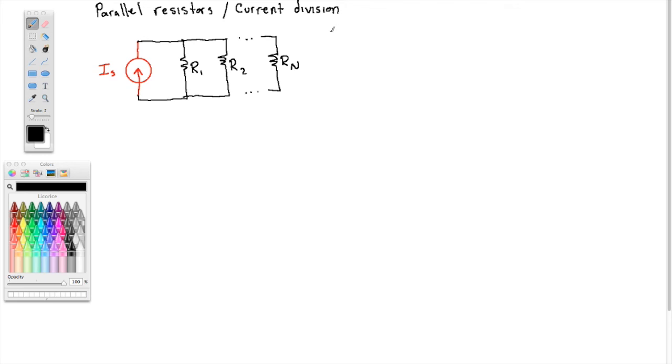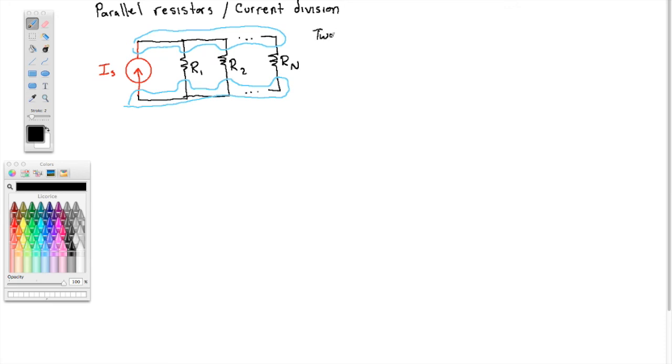So let's first talk about parallel connections. It starts with the nodes again. If I identify the nodes, I have two of them. I have this one on top and this one on bottom. Always starts with the nodes.